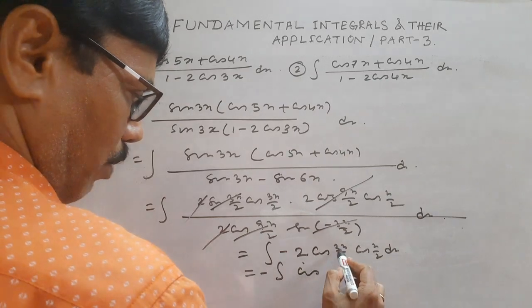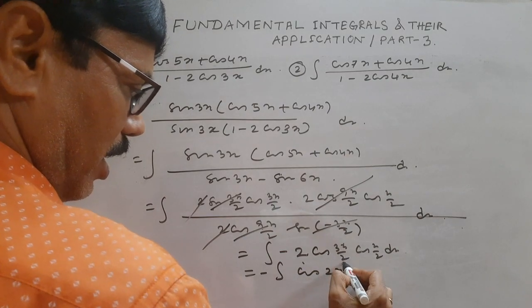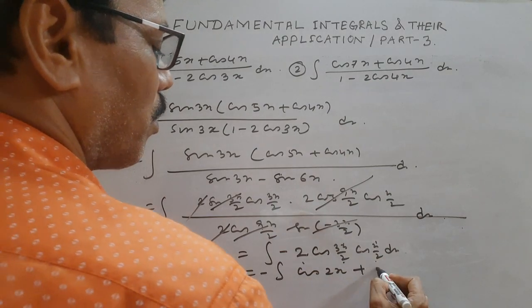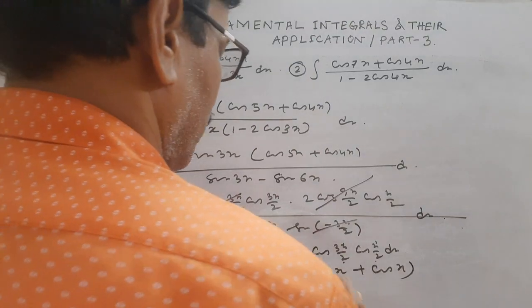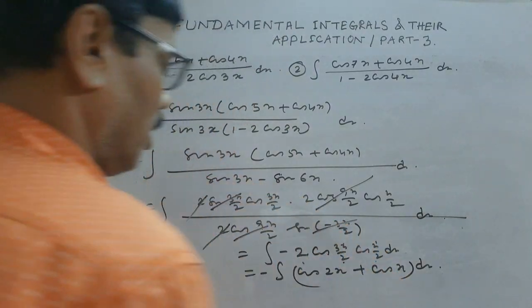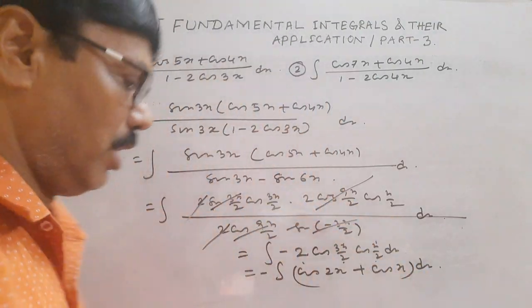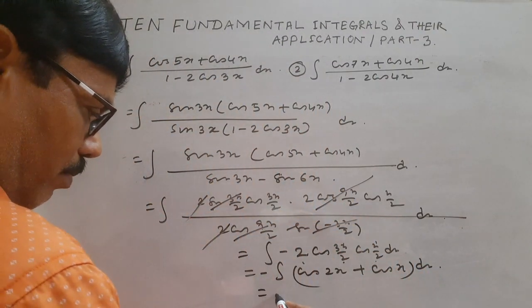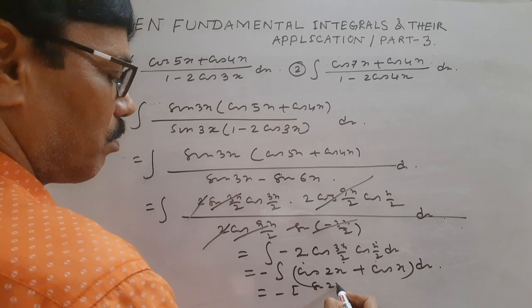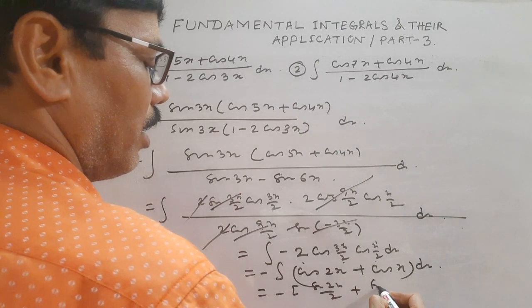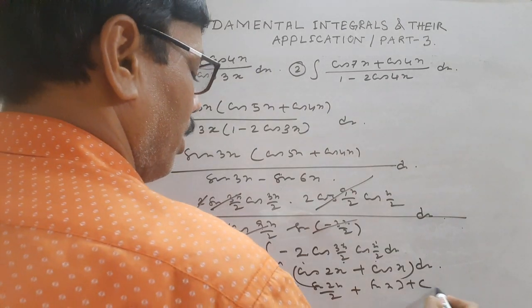So cos a plus b, cos 2x, 3x by 2 plus x by 2, plus cos a minus b. So this is our main aim, to put it in standard form. Now it is in standard form. Sin 2x by 2 sin x plus c.